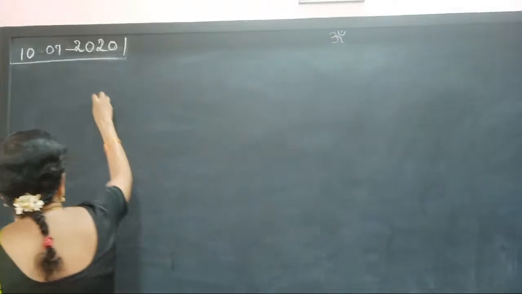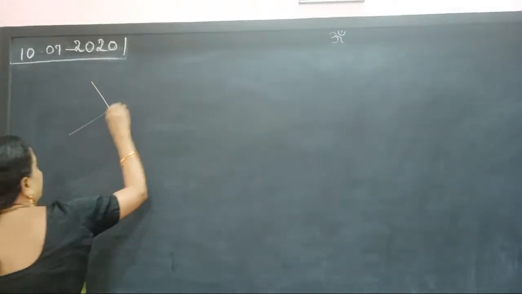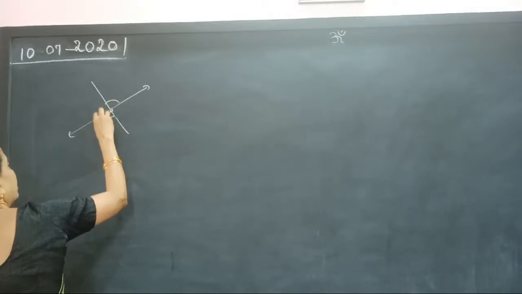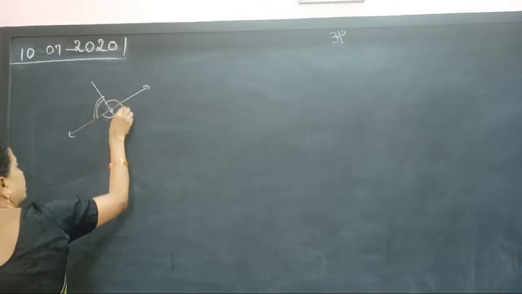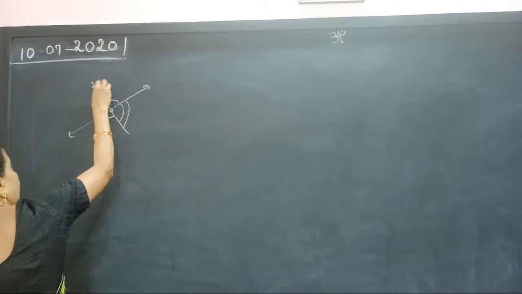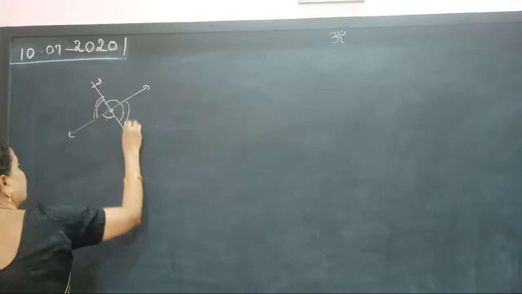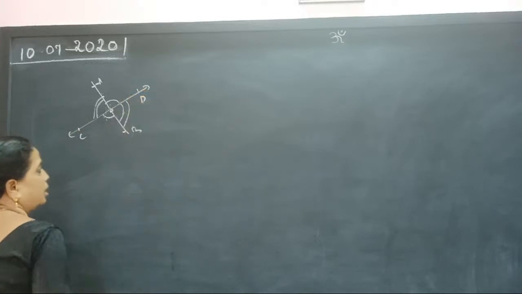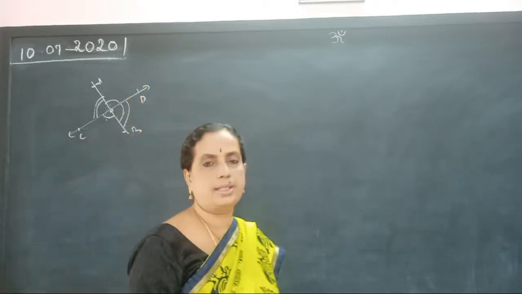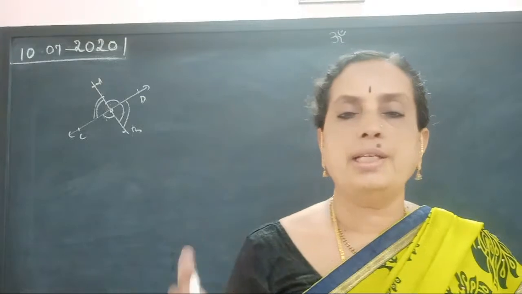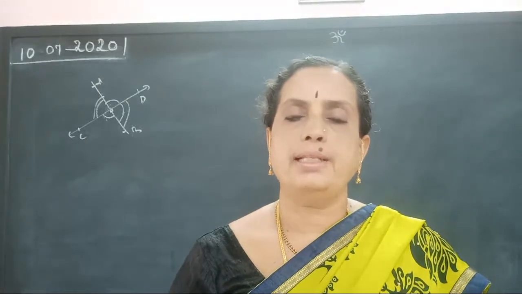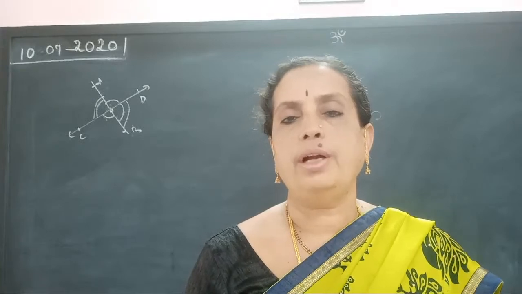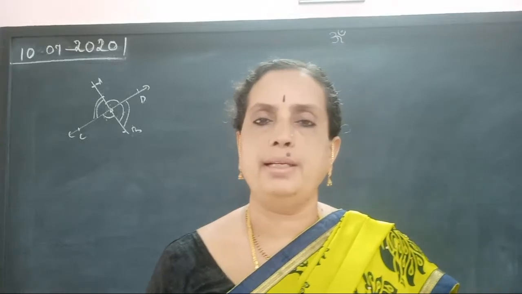When two lines intersect, then the angles so formed are vertically opposite angles. So only in this condition we consider vertically opposite angles. Don't consider any other way, because it is easy. So the condition: when two lines intersect, then the angles so formed are vertically opposite angles.